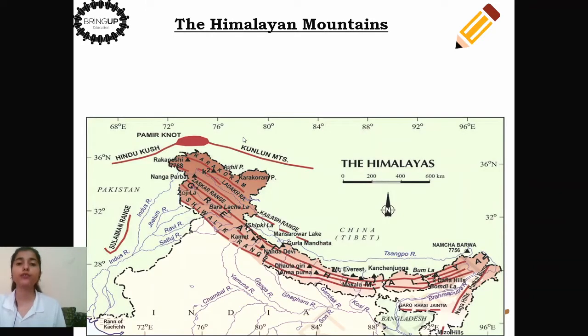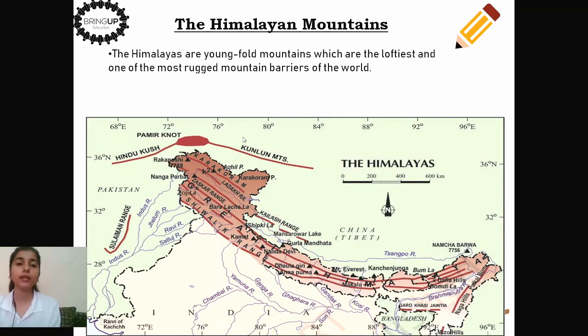The first division is the Himalayan mountains. The Himalayas are young fold mountains which are the loftiest and one of the most rugged mountain barriers of the world. In previous classes, you must have studied young fold mountains and old fold mountains. The Himalayas come under the category of young fold mountains, that is, they are newly formed.